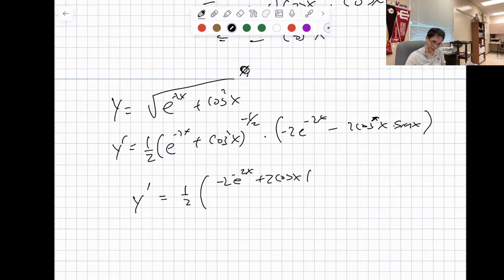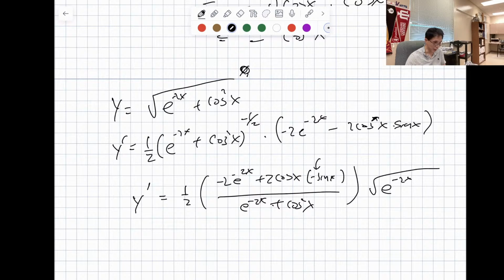She wrote it this way, which is fine. There's a negative sign here. E to the negative 2x plus cosine square of x. This one, e to the negative 2x plus cosine square of x. Either way, I accept both. There's no square root on the bottom because it's u prime over u.